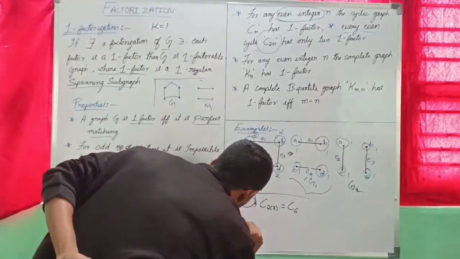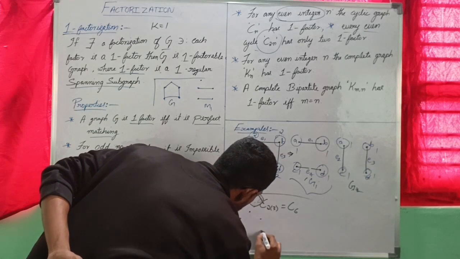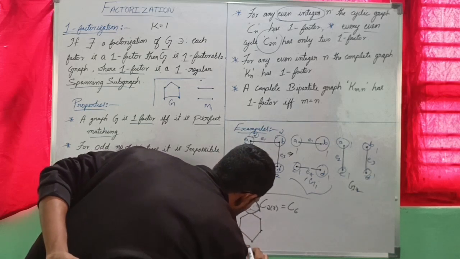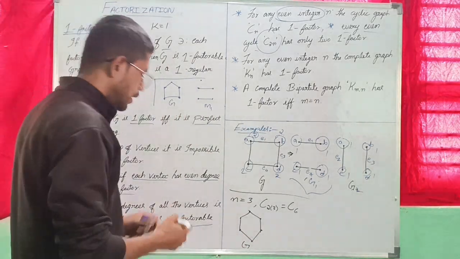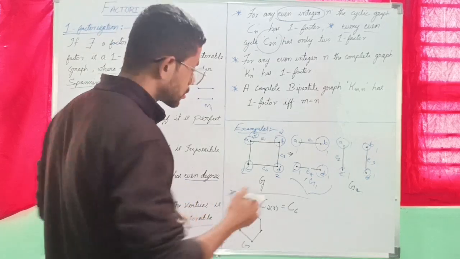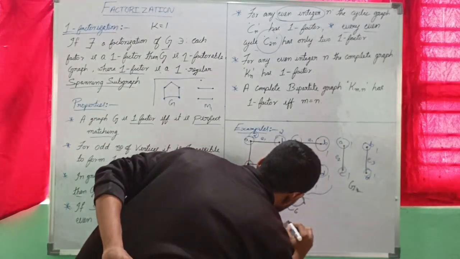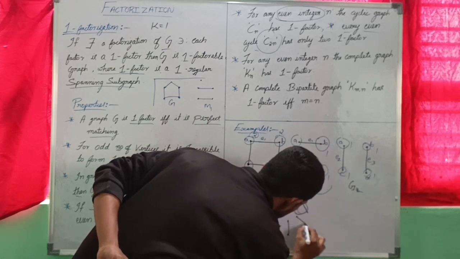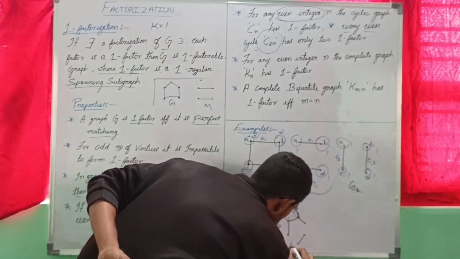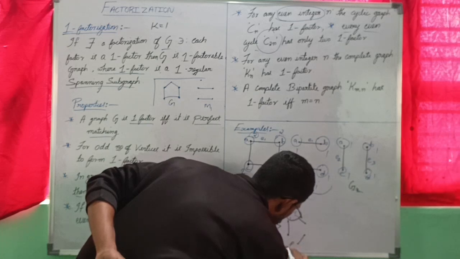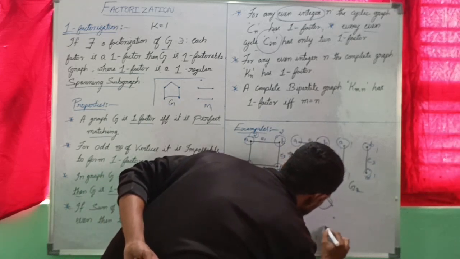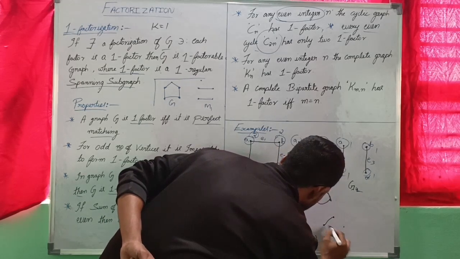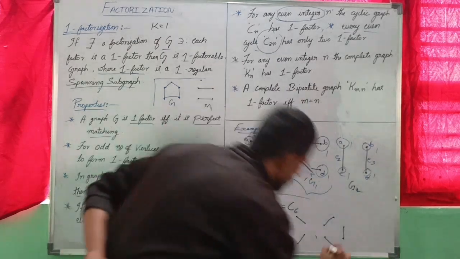Then the graph is this graph G. When I decompose this graph into multiple factors, we get this one, which I will take as F1, factor 1, and this one, which is F2.